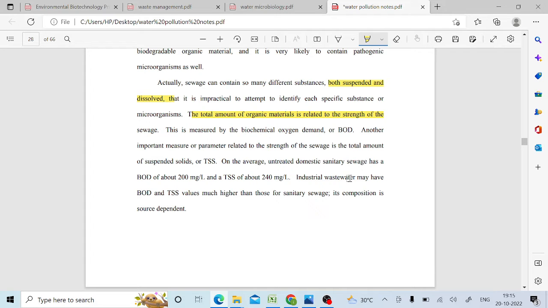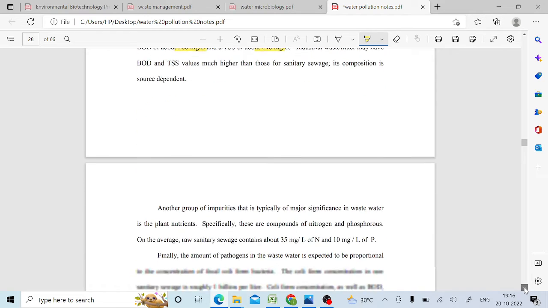For example, sanitary sewage has a BOD of around 200 milligrams per liter and a TSS of around 240 milligrams per liter. Industrial wastewaters have much higher amounts of both BOD and TSS.